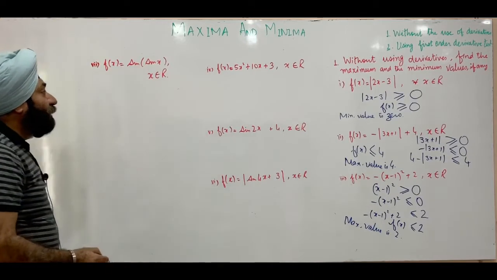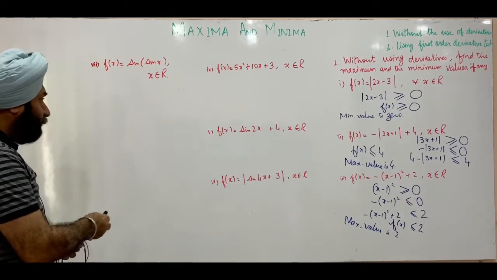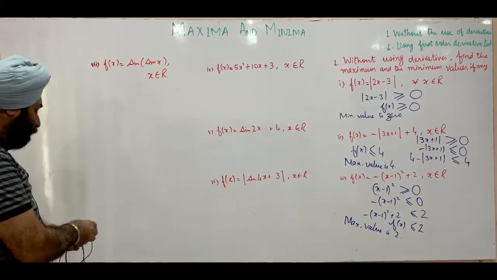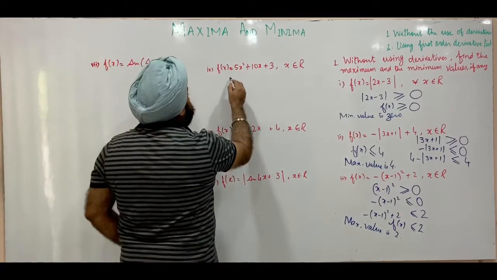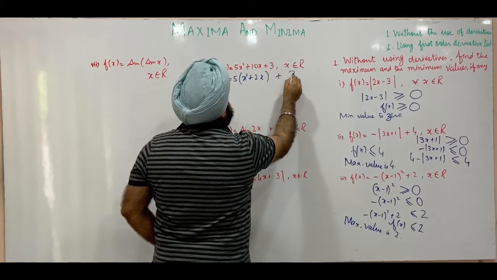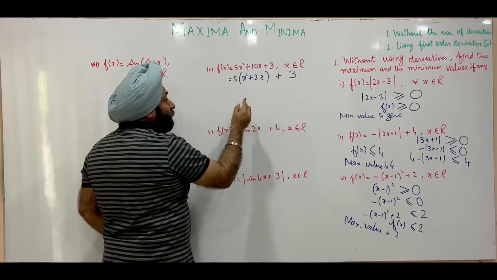Next one, f of x is 5x square plus 10x plus 3 for all x which belong to the set of real numbers. So this can be written as 5 into x square plus 2x, plus 3. I am taking 5 common from the first and second terms.